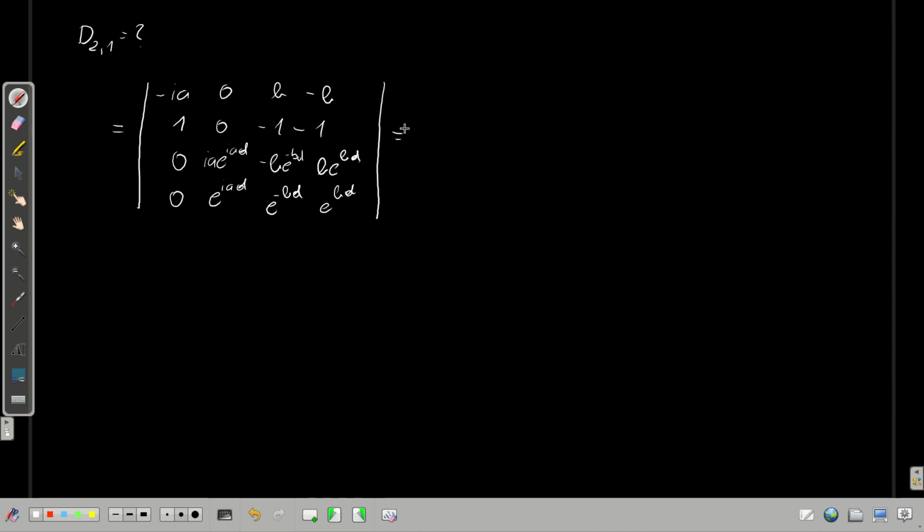So the third thing is we take the second row and subtract the second row I A times from the first. So this, according to the rules of determinant operations, does not change the value of the determinant.